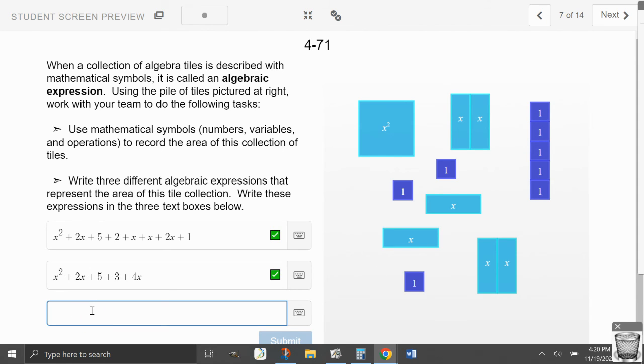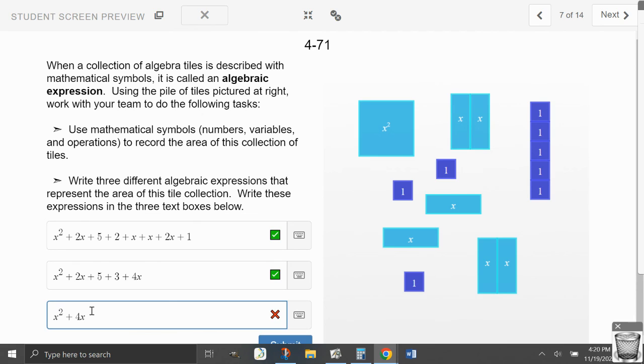So let's type in x squared. Remember, x, then shift 6, and then the 2. Plus, I'm going to count up all those long blue tiles: 1, 2, 3, 4 x's.